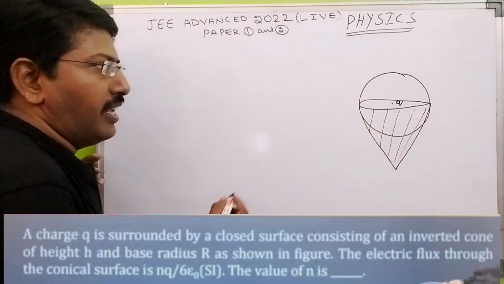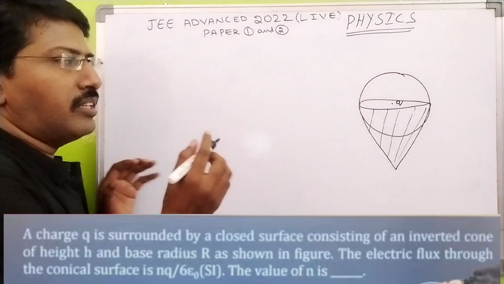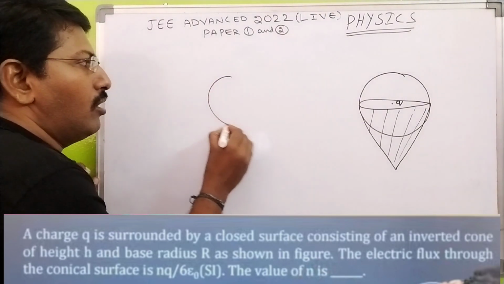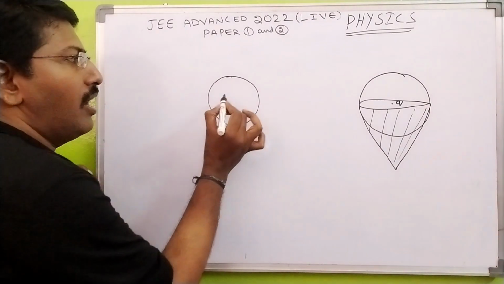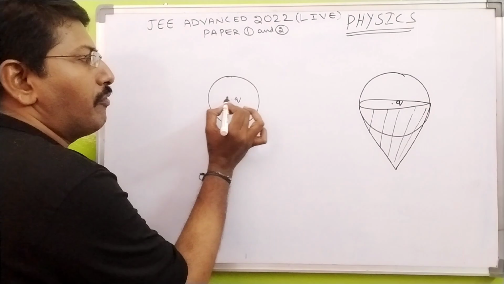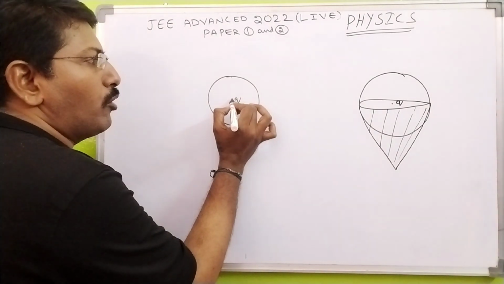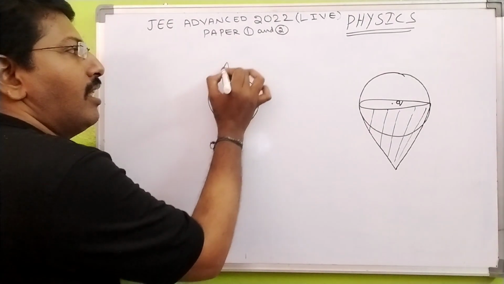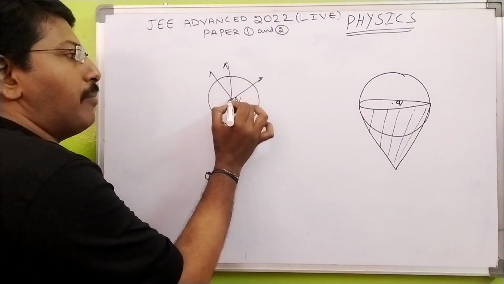Once you see here, this is based on Gauss law. This is one closed surface. I take one charge Q. This charge produces the electric field in all directions with the same magnitude.